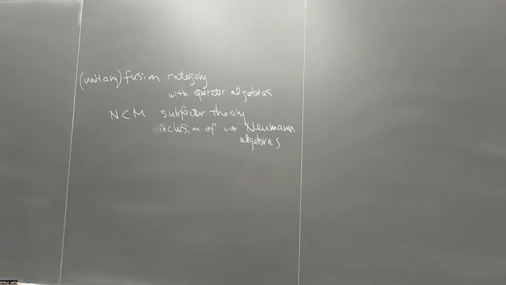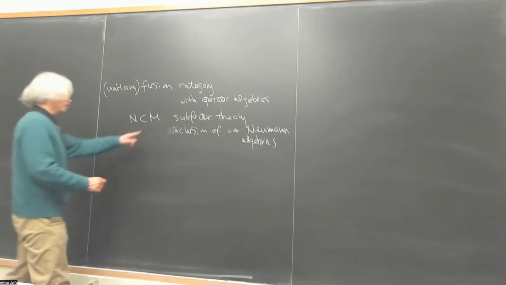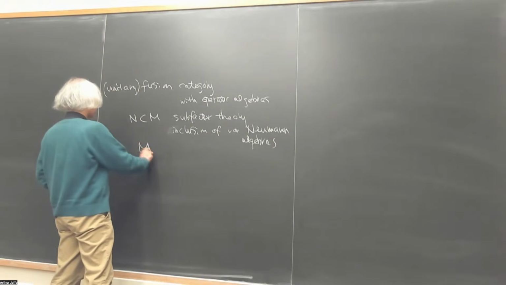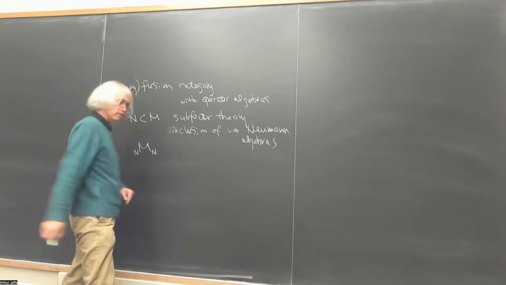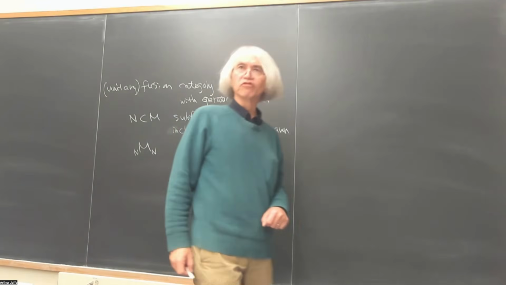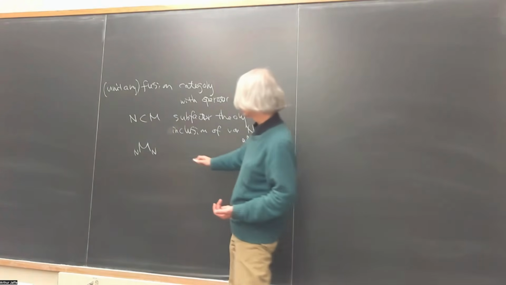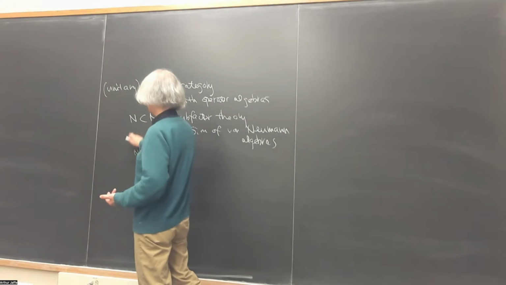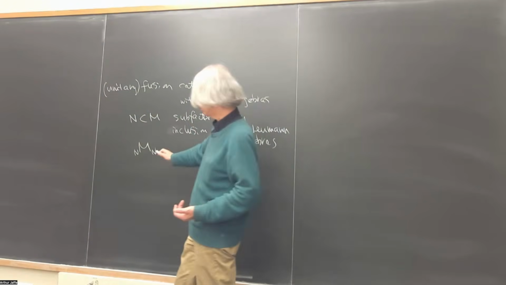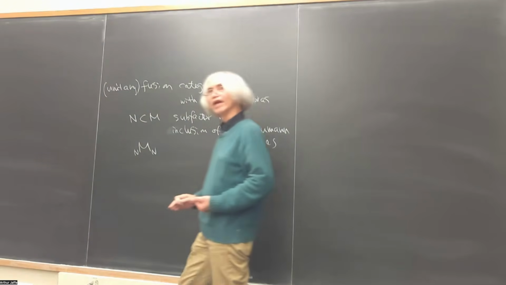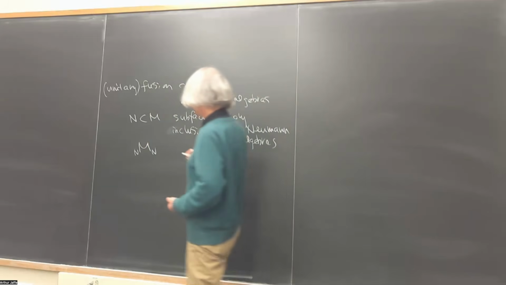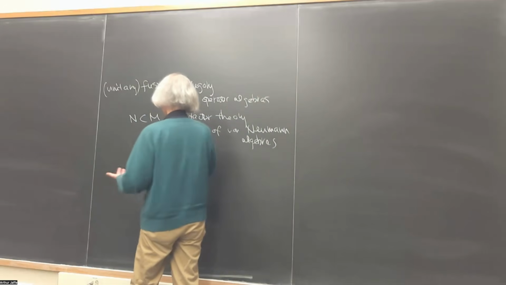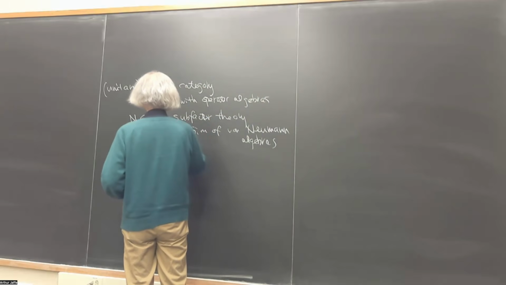This is called a subfactor. Then the larger algebra is regarded as an N-module. So we just restrict the action of M to the subalgebra. Then this is trivially an N-module. Then in a typical situation, this has some kind of reducibility.